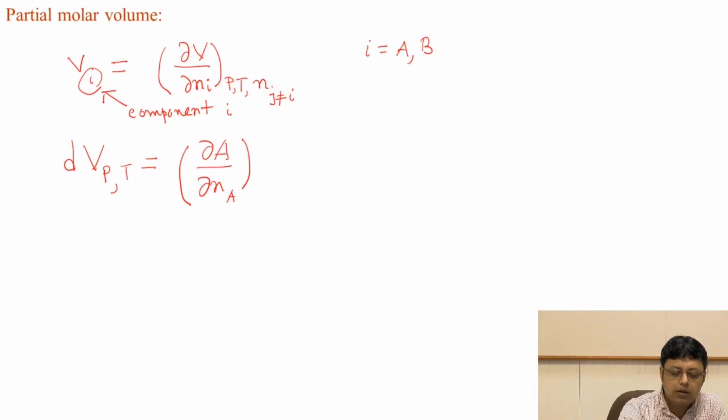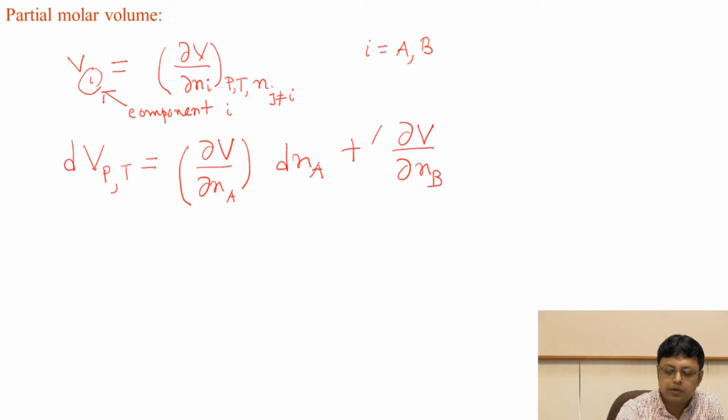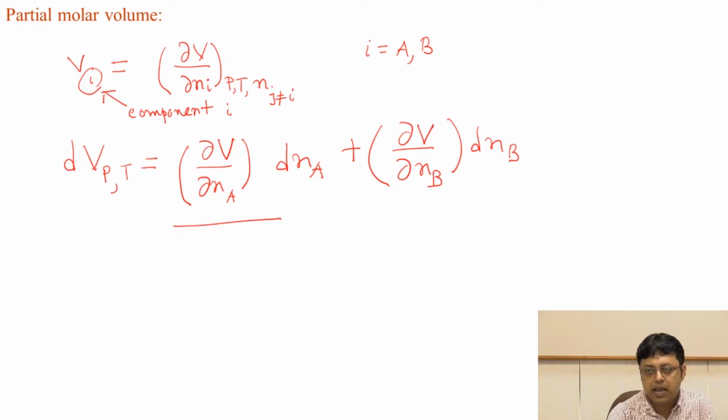Then we take the partial derivative of the volume V with respect to NA, multiplied by dNA, plus the partial derivative with respect to NB, multiplied by dNB. When we change NA, the number of moles of A, we have to keep in mind that pressure, temperature, and NB are constant.